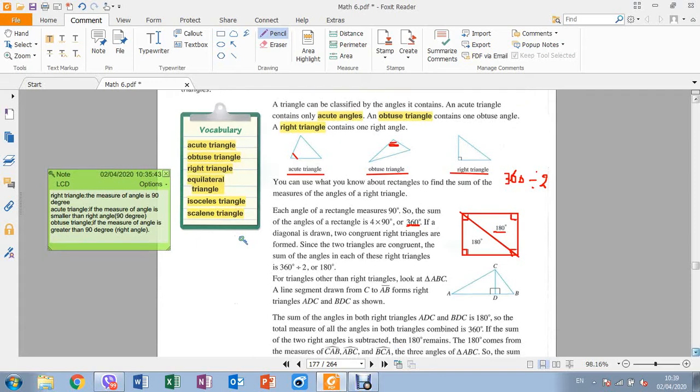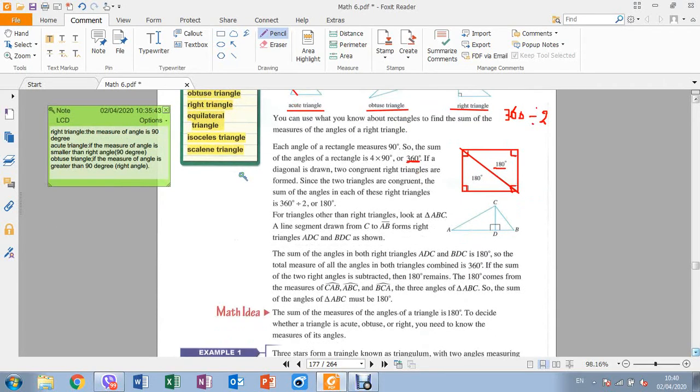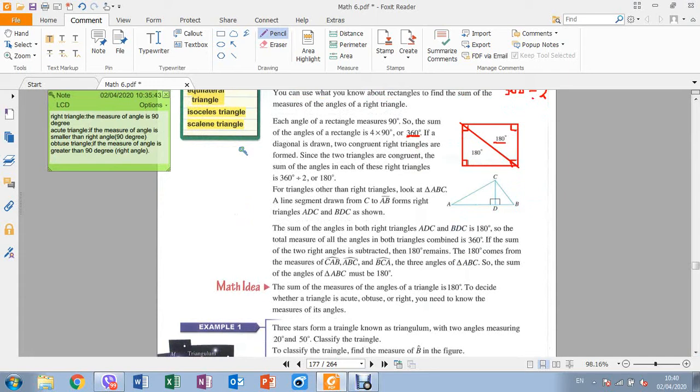Okay, do you understand from this? So look at this note, math idea. The sum of the measure of the angles of a triangle is 180.